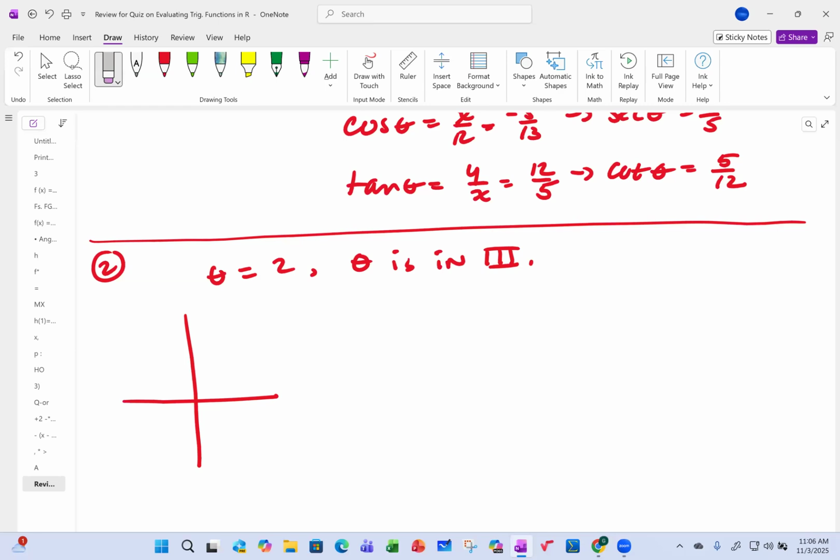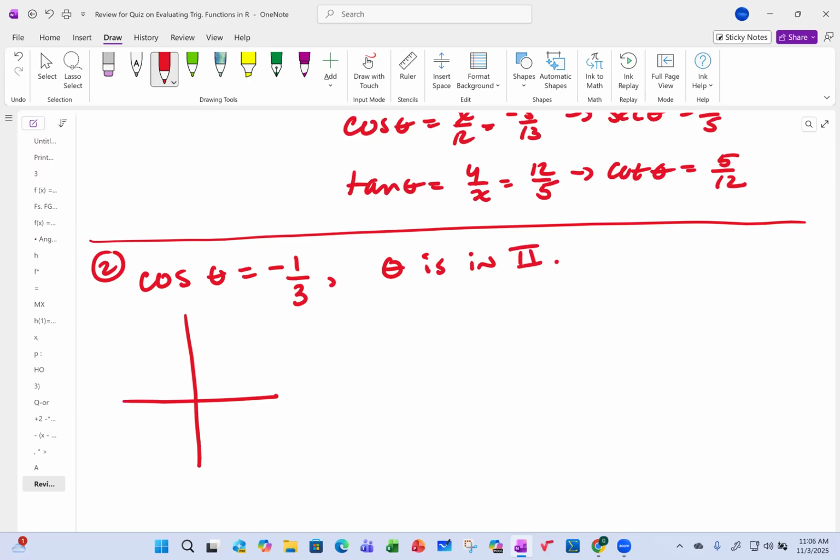Let's do, change my mind here, that cosine theta is -1 over 3. And we'll put it in quadrant 2 this time.